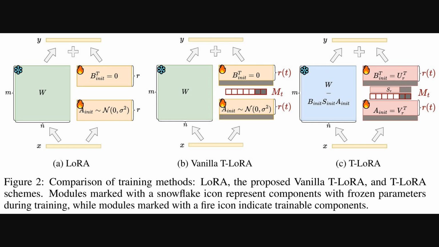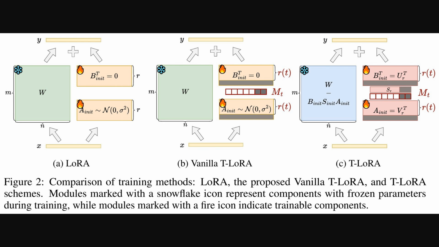So how does T-LoRA actually achieve this improved flexibility? Well, this next figure breaks down the architectural differences. On the left, you have standard LoRA. A small, trainable adapter, marked with a fire icon, is added to the main frozen model.